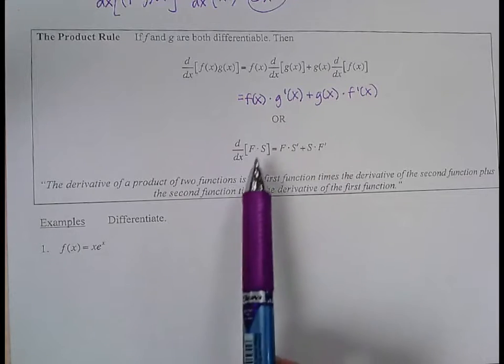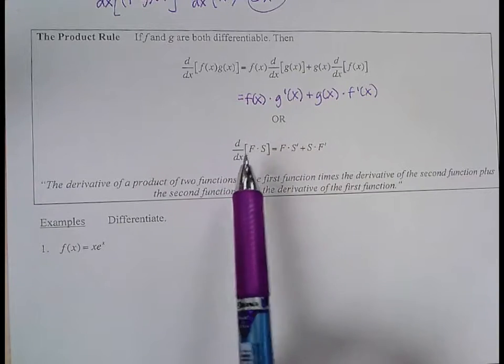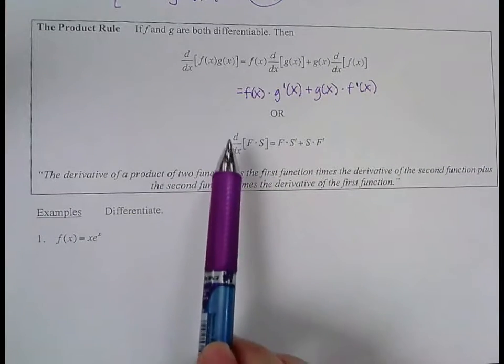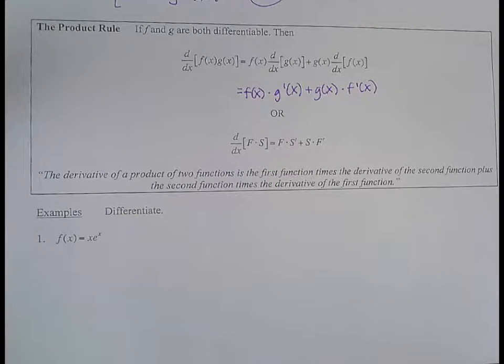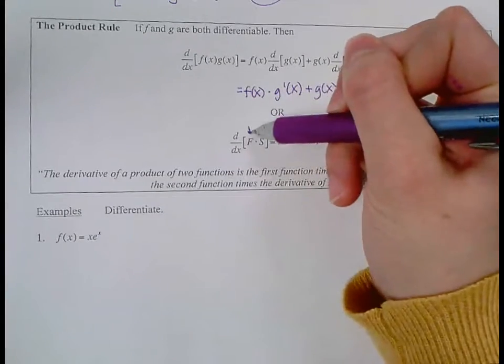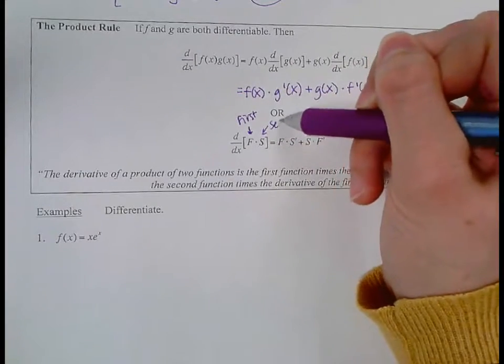Okay. So then here's a shorthand way to write it, and this is often how I refer to it in class. The derivative with respect to x. So if you have a product, the way I usually refer to it is find your first function, find your second. So that's what the f and the s stand for. F is for the first, and then s is for the second.